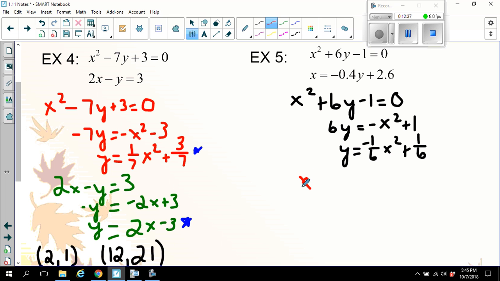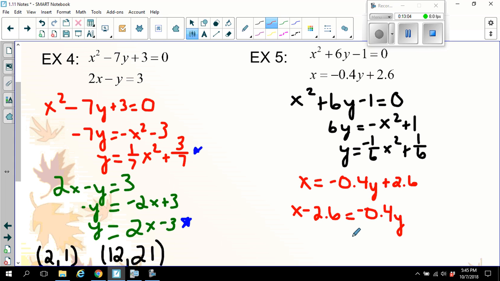So we had x equals negative 0.4y, and then plus 2.6. Remember, we're going to move that over, so we now have x minus 2.6 equals negative 0.4y. And then we divide each term by the negative 0.4.